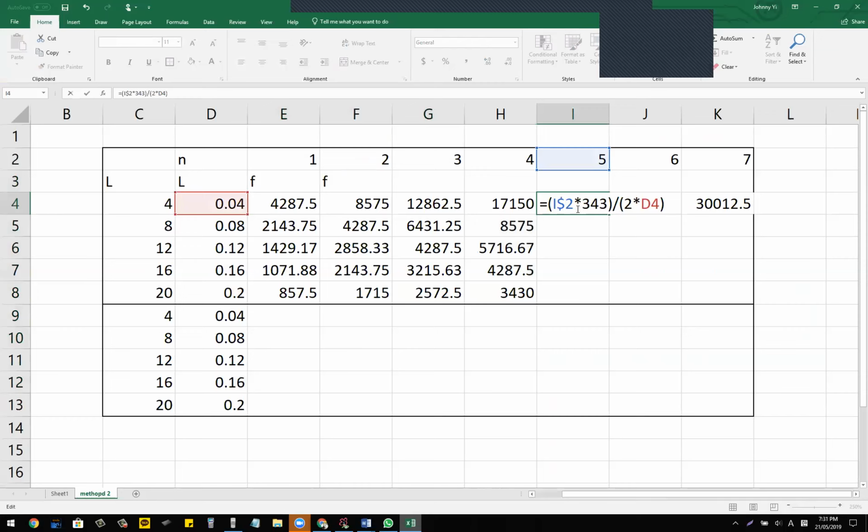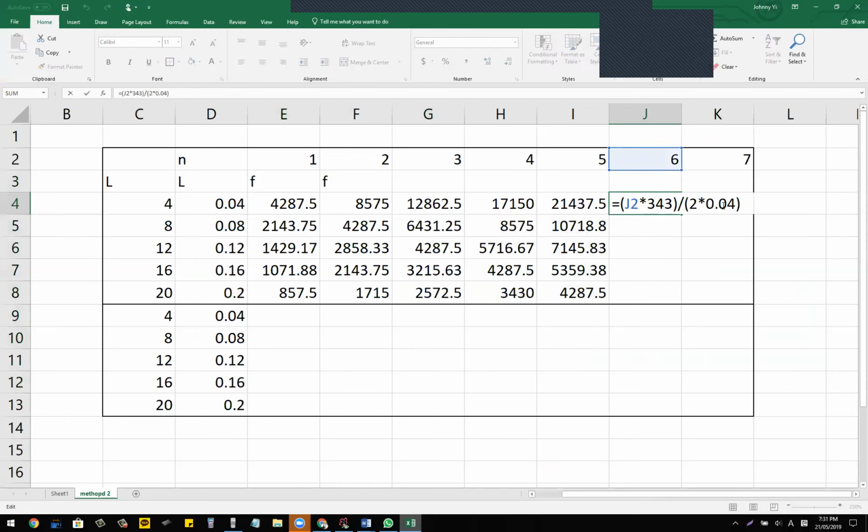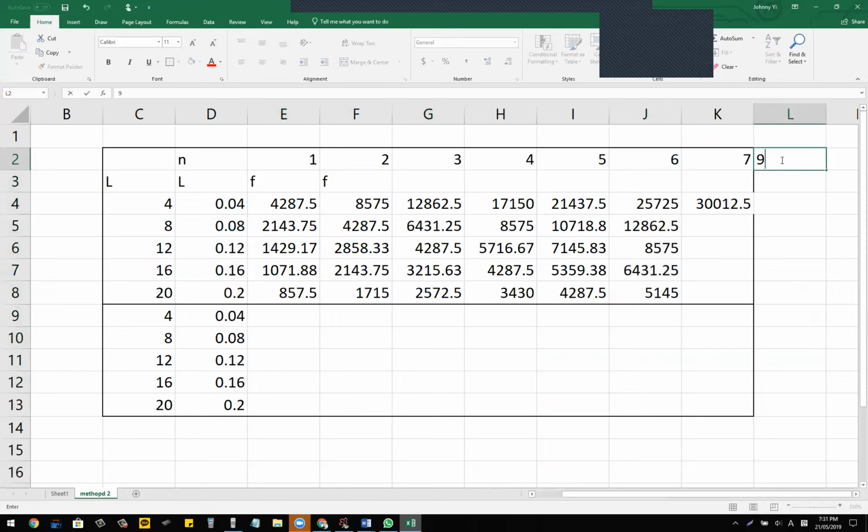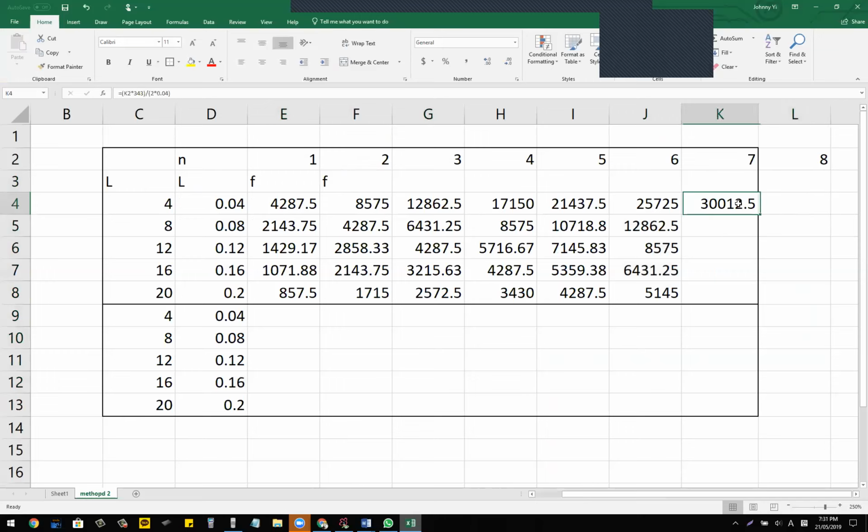Put a dollar sign. Go down. This one, change that to that. I think I got 8 harmonics. 8 harmonics, is it? Yeah. Okay. So we need to complete this one first. So we can do 8 here. So let's put a dollar sign there.